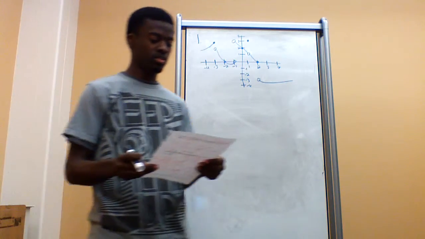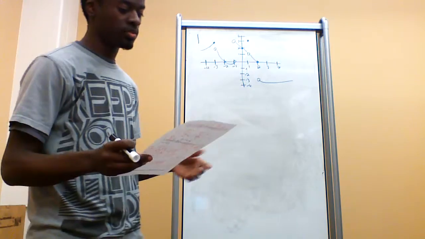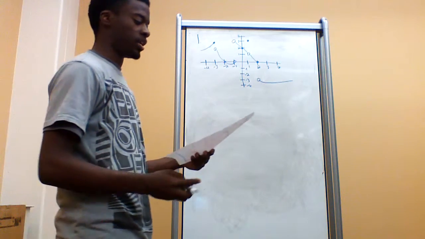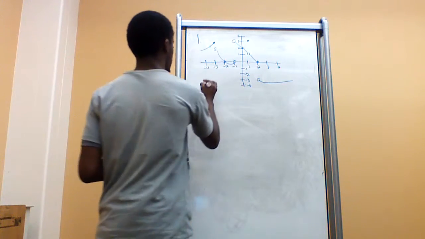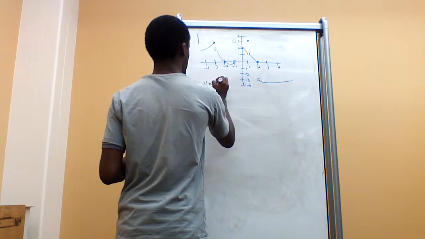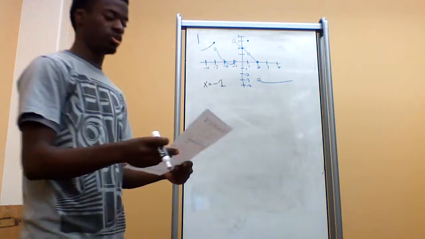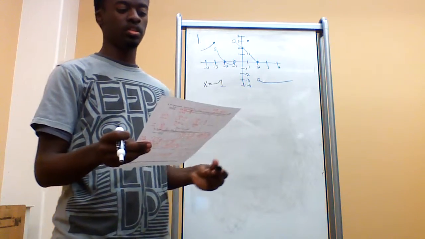For number 1, it says using the figure above, determine if the function is continuous at x equals -1. And it wants you to explain your answer using the checklist.